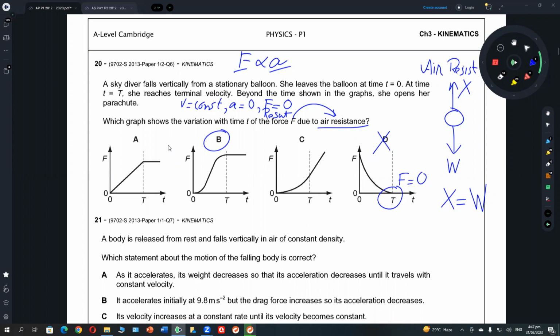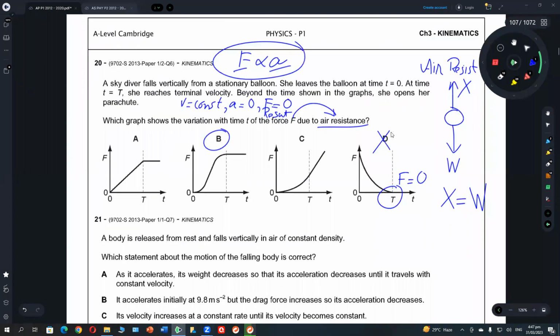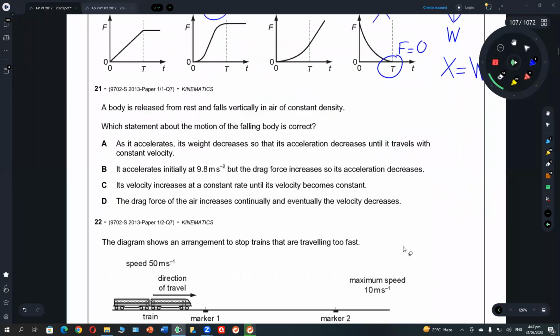Actually, force is proportional to acceleration. Acceleration does not increase at a constant rate when air resistance is present. Without air resistance, the answer would be D. Without air resistance, acceleration would be equal to g, which is not the case here. It is not equal to g. It should not be a straight line.